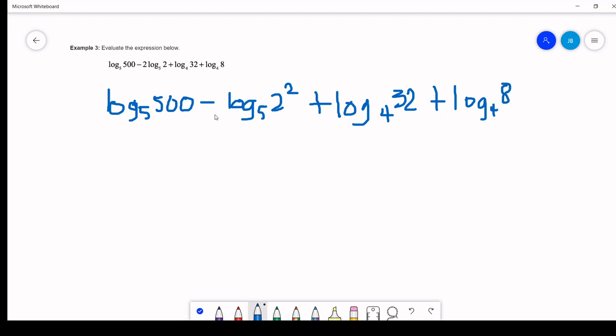We have noticed here the same bases, 5 and 5, and the same bases, 4 and 4, therefore we can simplify both of them.